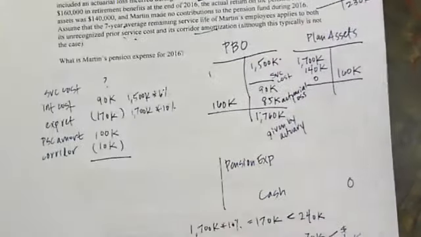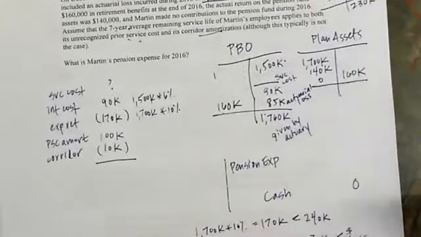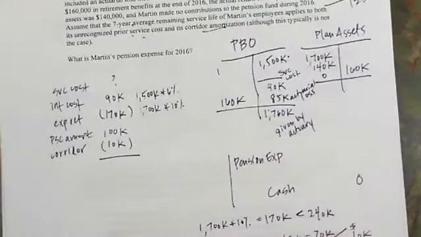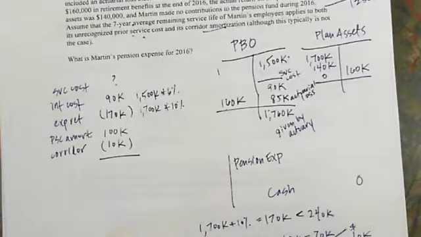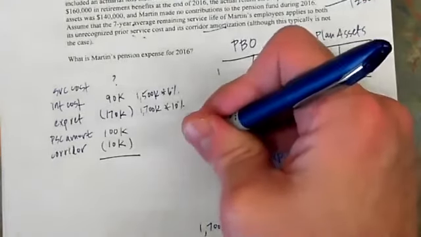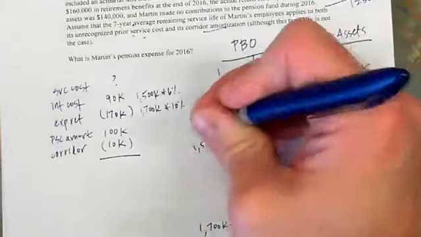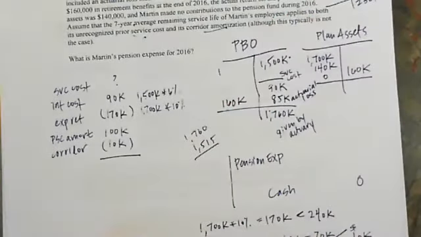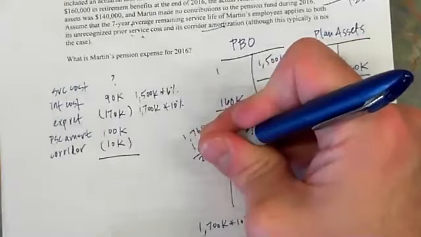And so I solve this equation for service cost, which is that 1,500,000 minus 160 plus 90 plus 85. Without any service cost, that gives me 1,515,000. I want a balance of 1,760,000. The difference has to be that service cost of 245.